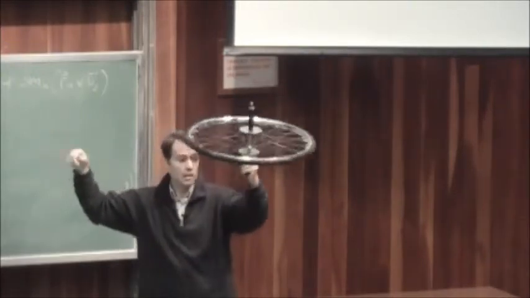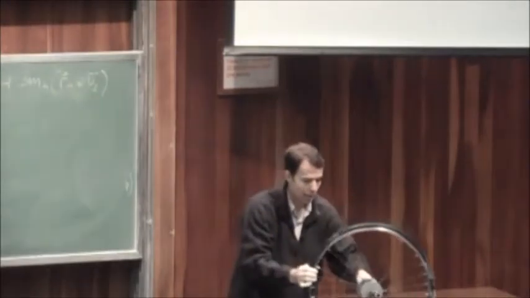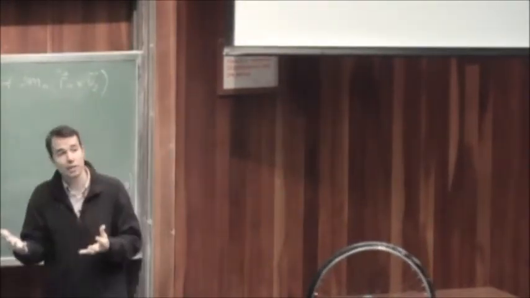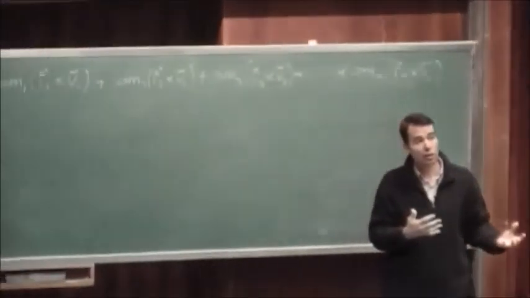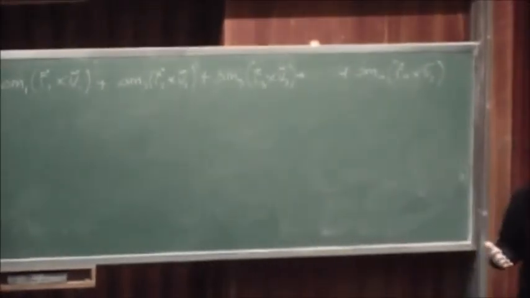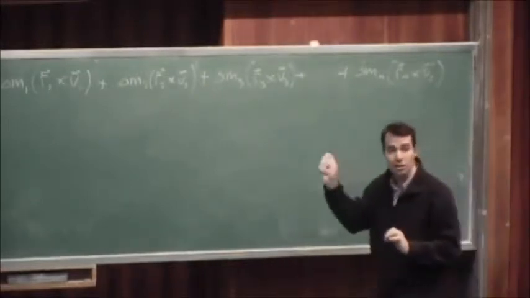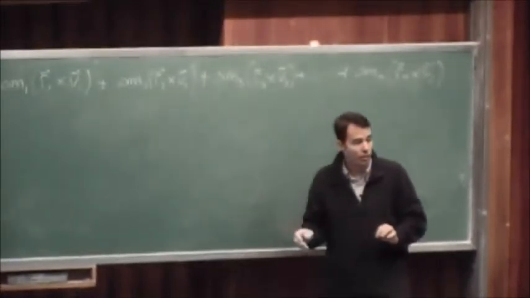I do R cross V, the velocity of that point at any one individual time, and I can find the total angular momentum. But the beautiful thing is, this all has the same angular velocity, and the angular momentum of all these individual particles is in the same direction, right?